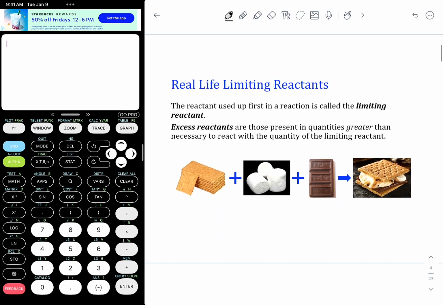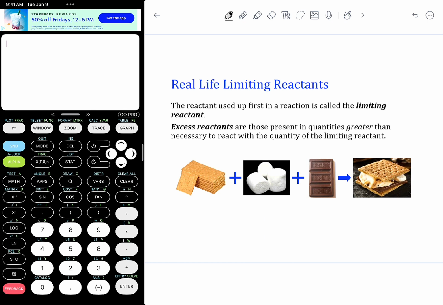I have a few real-life examples of limiting reactants. One of those is making s'mores. Right now I'm in the summer, so this is peak s'more making time. When we're making s'mores, we always somehow end up with a lot of graham crackers left over, and we usually run out of chocolate first. That just depends on how much we buy of each. When we buy a box of graham crackers, there's enough to make about 20 to 30 s'mores.